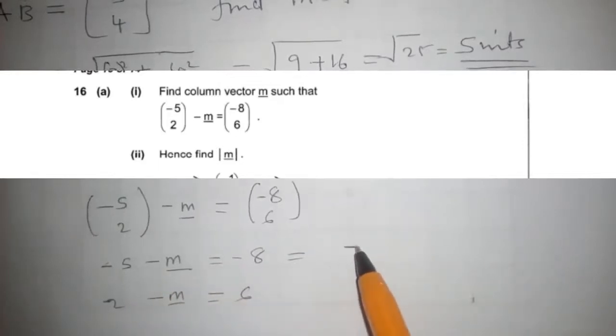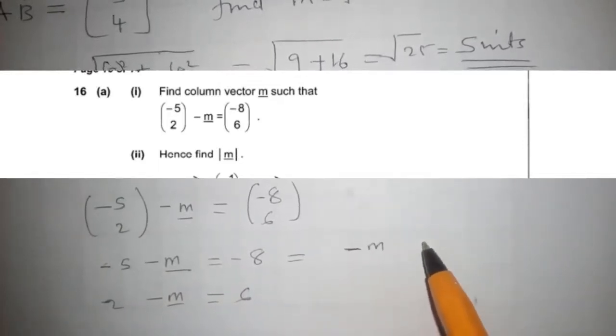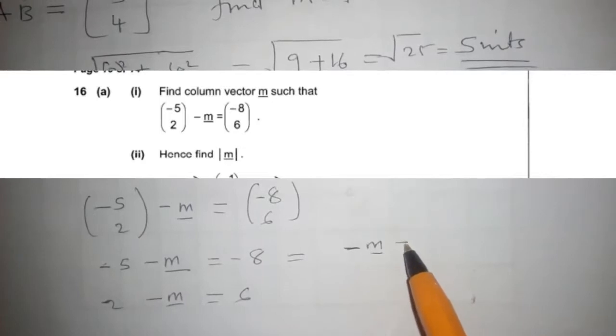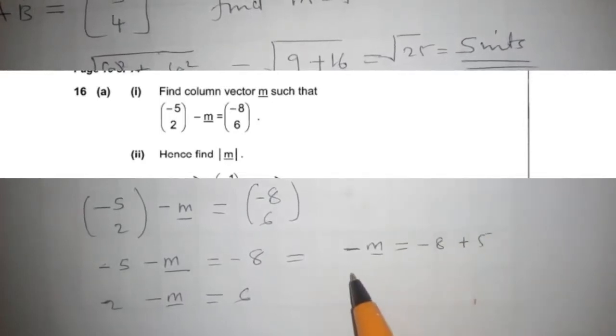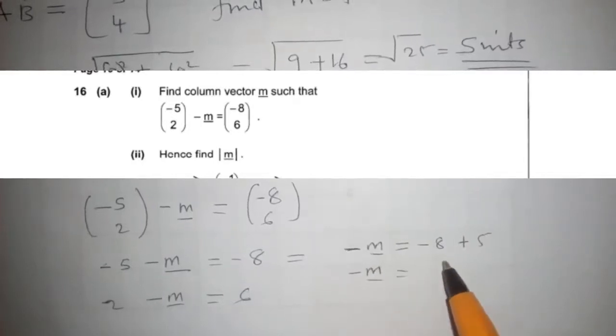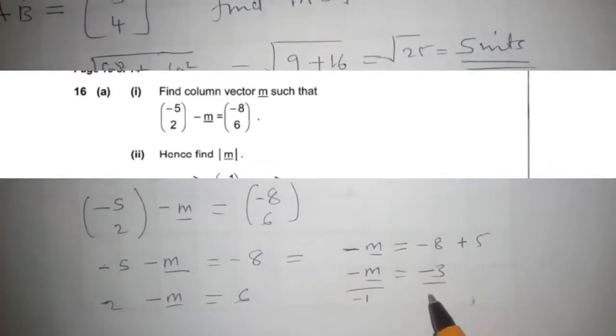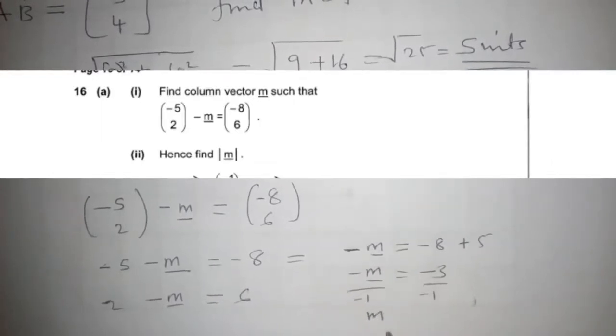It will be negative M is equal to -8 minus 5. So here we have -13. You divide by -1, and -1 will remain with vector M, which is equal to 13, because negative and negative will cancel.